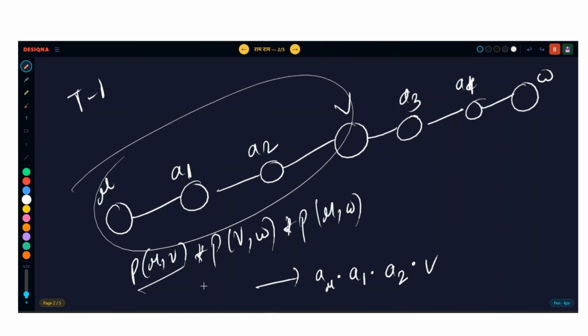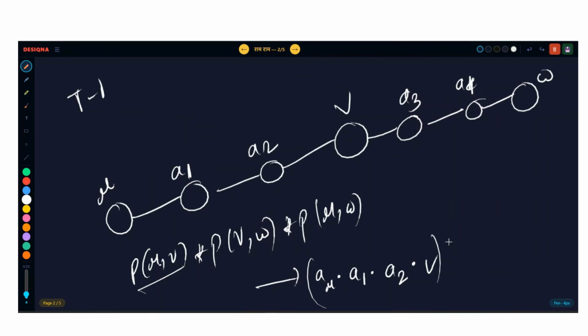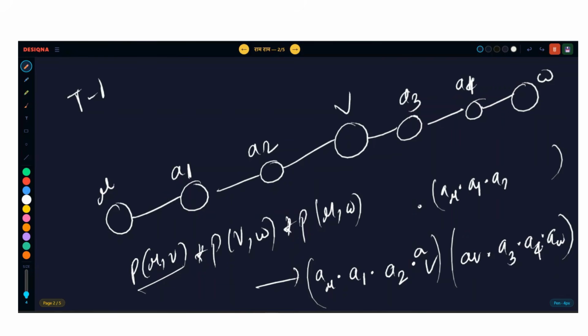Multiplication of these four things is P of U comma V, multiplied by P of V comma W, sorry, it is A of V, so AV into A3 into A4 into AW, multiplied by this whole thing again: AU into A1 into A2 into AV into A3 into A4 into AW.